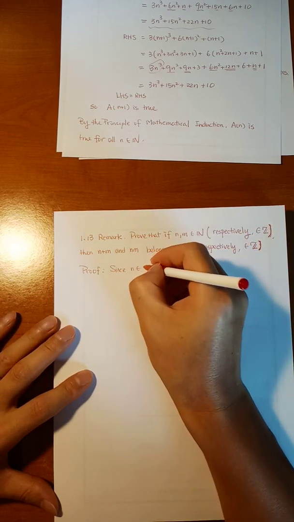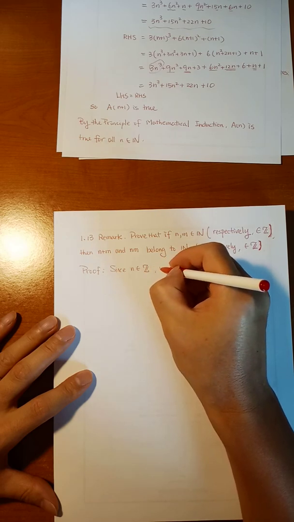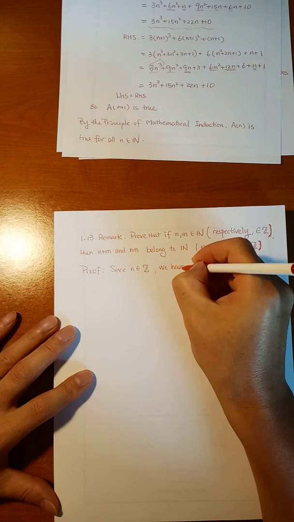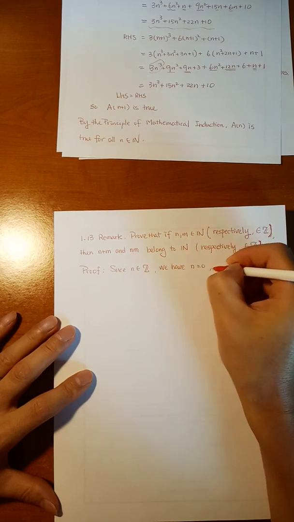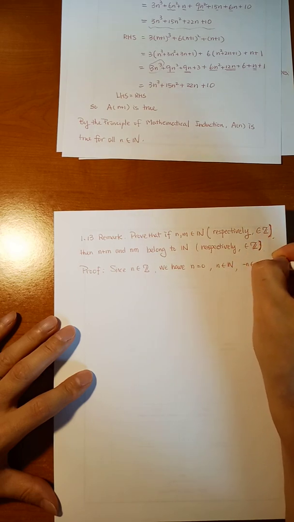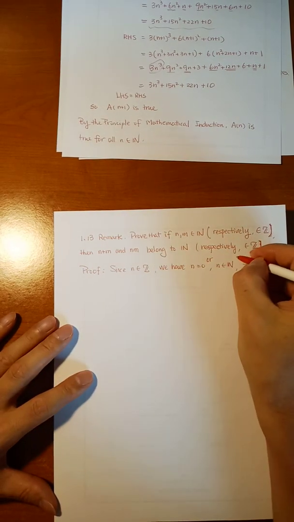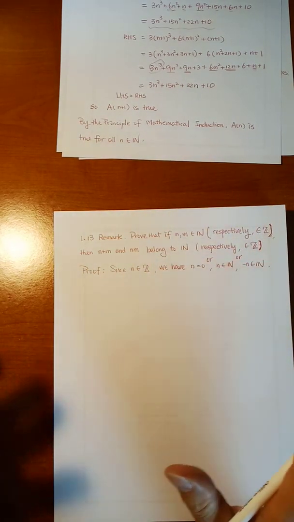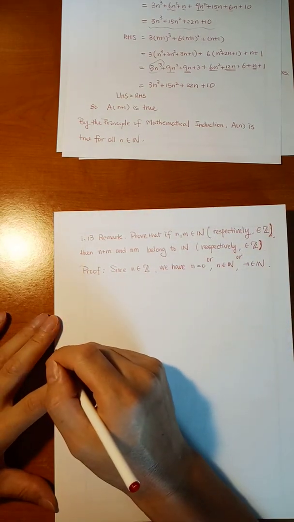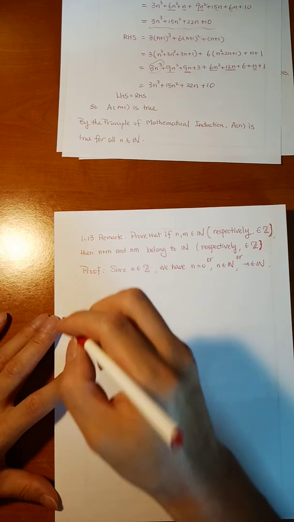For an integer, there are three cases. n is 0, n is a natural number, or negative n is a natural number. For arbitrary integers, it belongs to one of those three situations, one and only one of them.